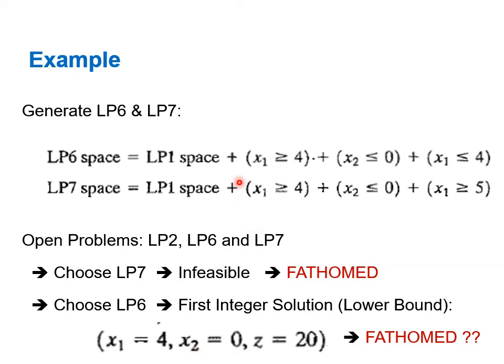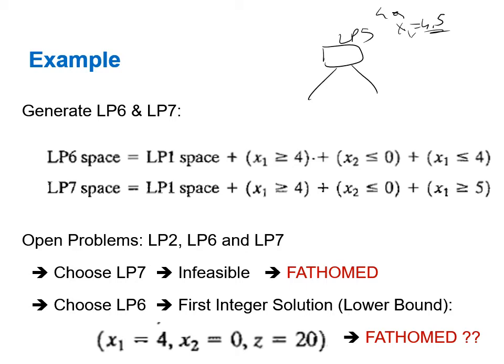Okay, so now when I branch, I obtain two new LP problems, LP6 and LP7. Why do I have these two? Remember, in LP4, this x1 appeared to be 4.5. Now I need to branch it into two.